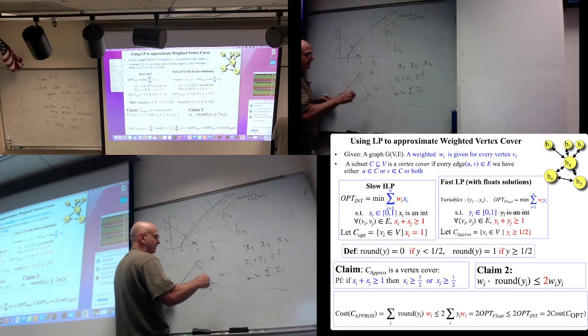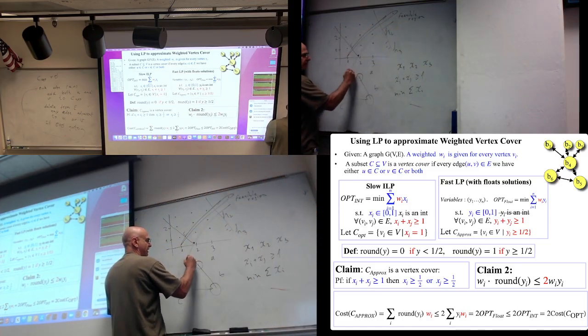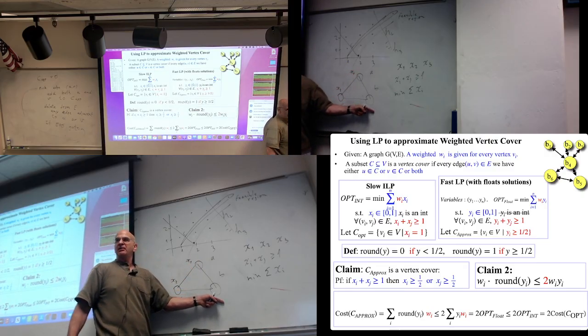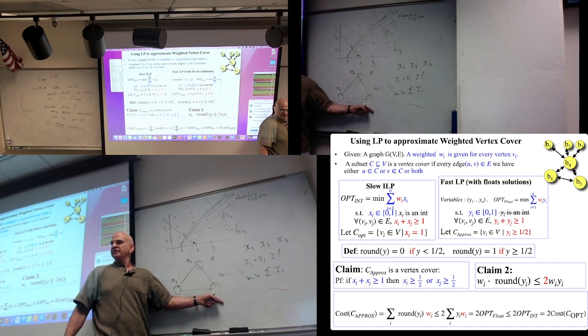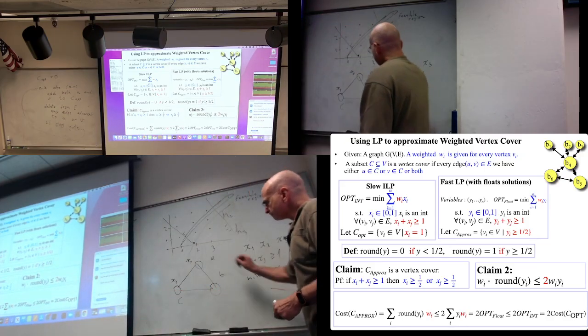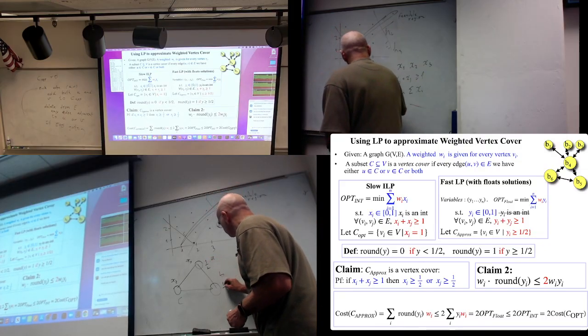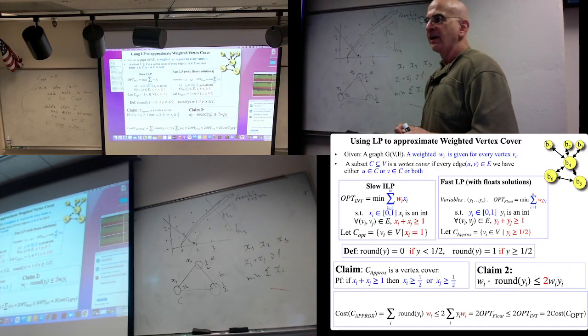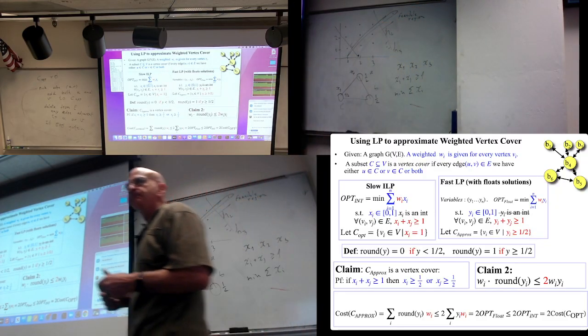I can decide that x1 will be 1, x2 will be 1, and x3 will be 0, and it will be a cover. It is in the feasible region. I'm asking still what's the solution to the LP with the minimum cost, not the ILP. It will be 1.5. Absolutely.